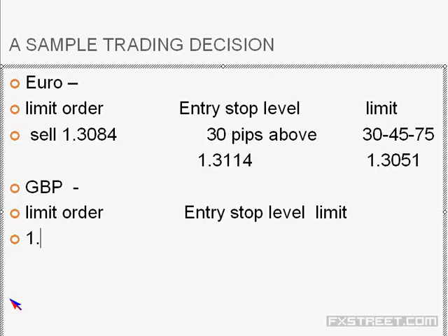So we will try to keep a limit order at 1.5815, and similarly a 30 pips entry stop order, and a limit can be near that below, and see how exactly the market comes down. So you just track this particular trade in a demo trading platform, and see how exactly the trade goes.